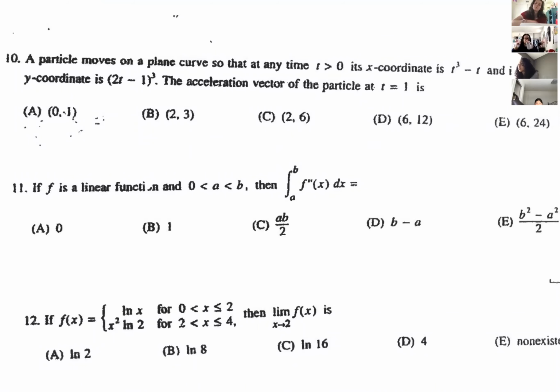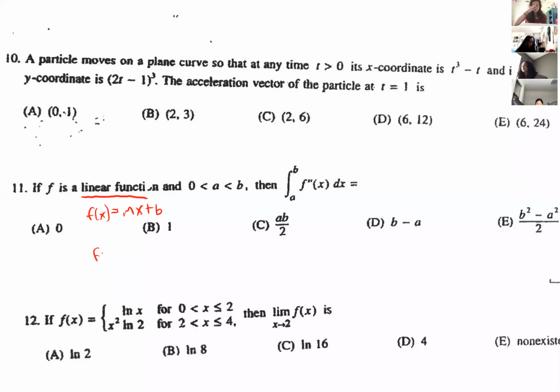Isn't a linear function y equals mx plus b? Yes. So right here, instead of y, I'm going to write it as f of x. So f of x equals mx plus b.